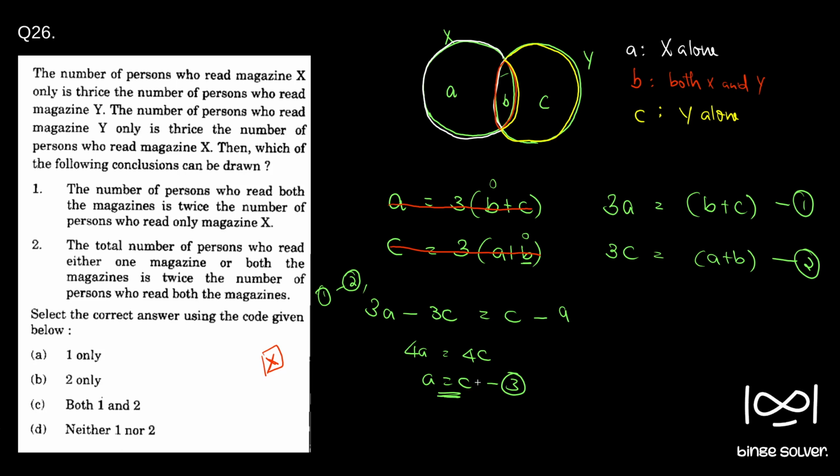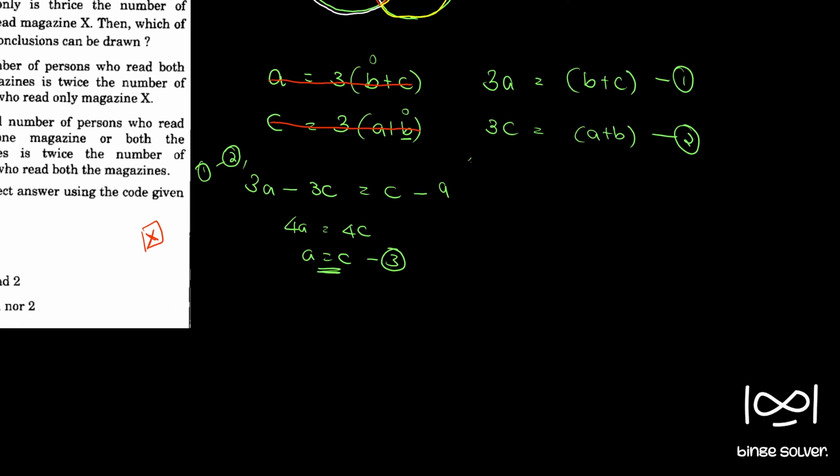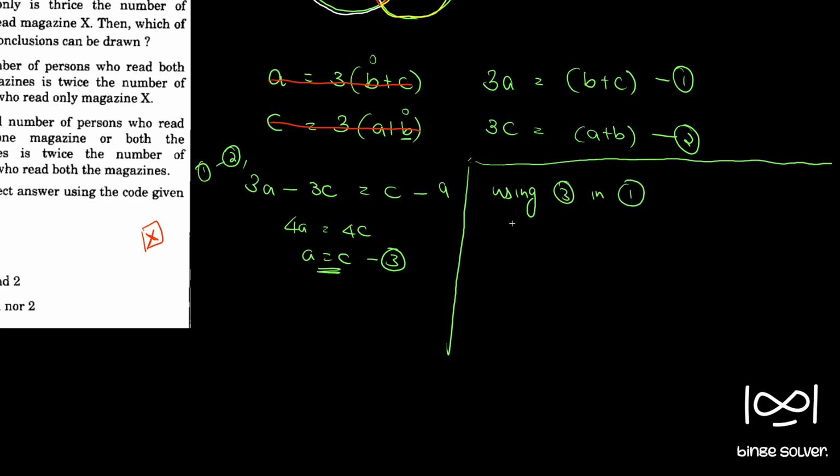So if you put c equal to a in the first equation, using 3 in 1, we have 3a equal to b plus, instead of c we put a, so we have 2a equal to b.